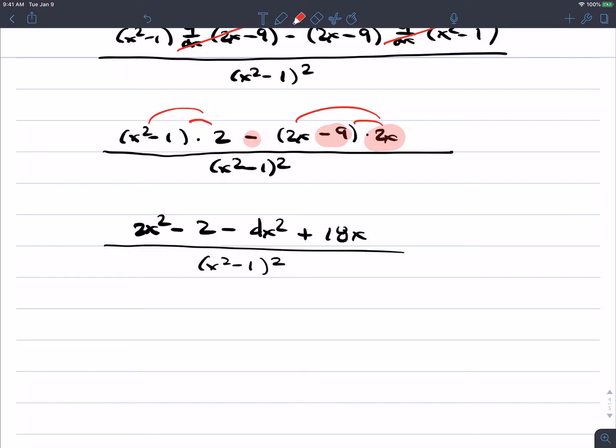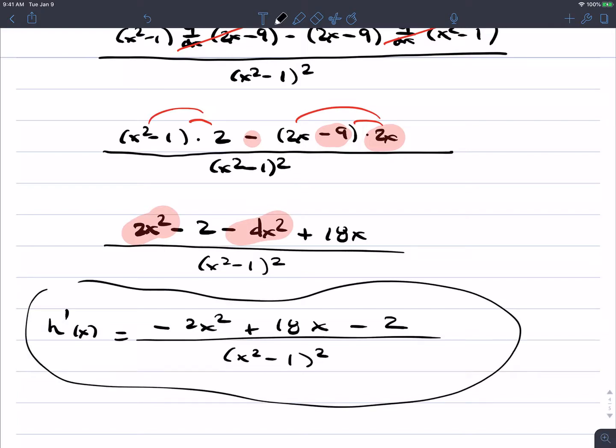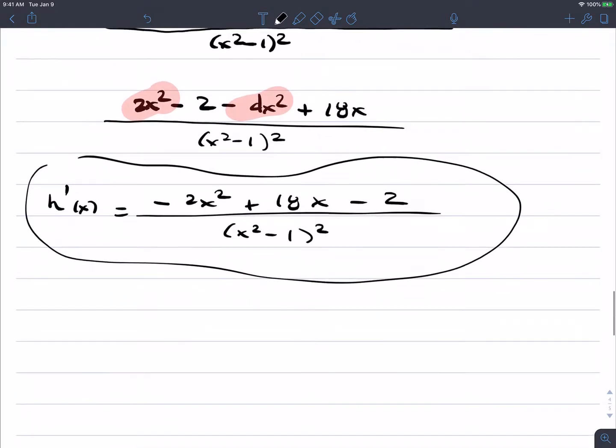Now when we combine our like terms here, 2x squared minus 4x squared, here's what we end up with. Negative 2x squared plus 18x minus 2, everything over x squared minus 1 squared. Here is our h prime of x. And there you go. I could remark about something here, so let's note.